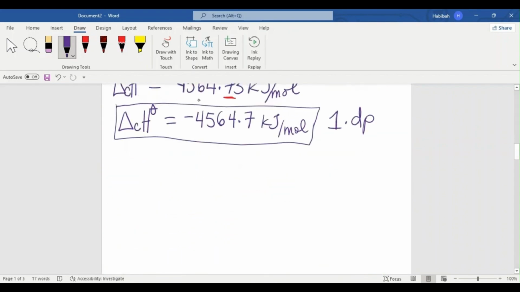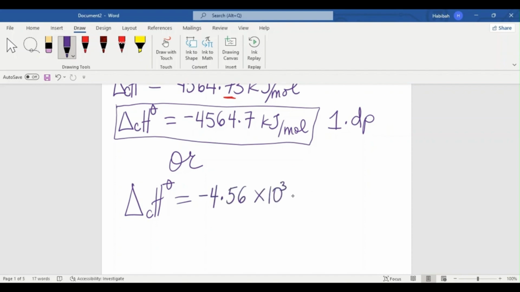Depending on what you're asked to do, the answer could be in 3 sig figs, or in decimal places, whatever you're asked to do. So in 3 sig figs, that would be negative 4.56 times 10 raised to the power of 3 kilojoule per mole. And this is basically the answer.